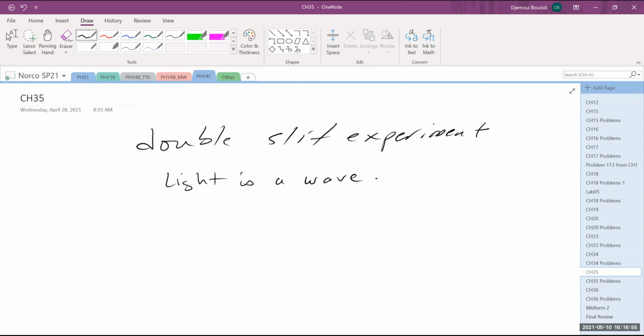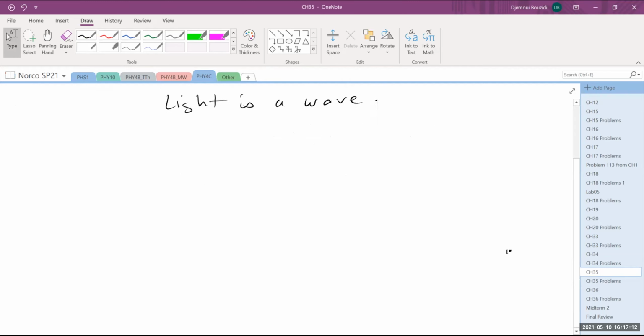So this one challenged that idea because now light, in order for it to exhibit interference behavior, has to be a wave. Okay, so that is the whole point of this exercise. So similar to the waves that we discussed in mechanical waves in chapter, what is it, 15.